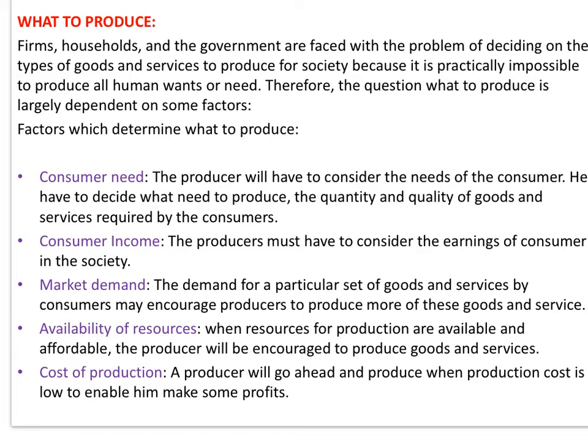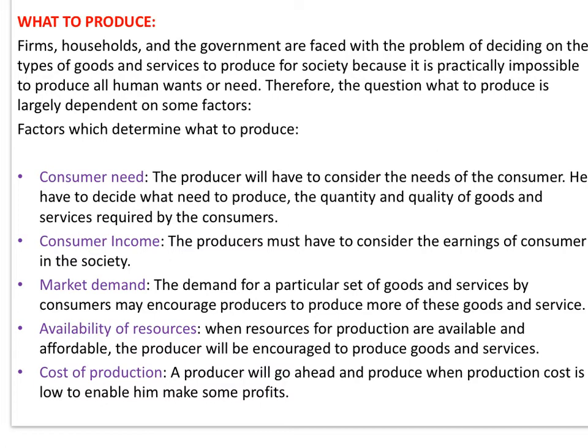When resources for production are available and affordable, the producer will be encouraged to produce goods and services for the consumers. Another factor that determines what to produce in a society is the cost of production.